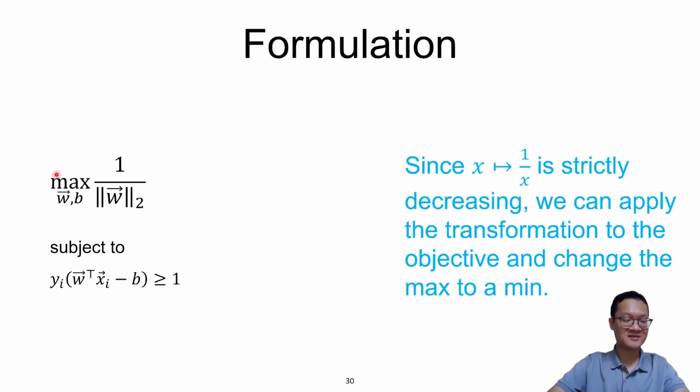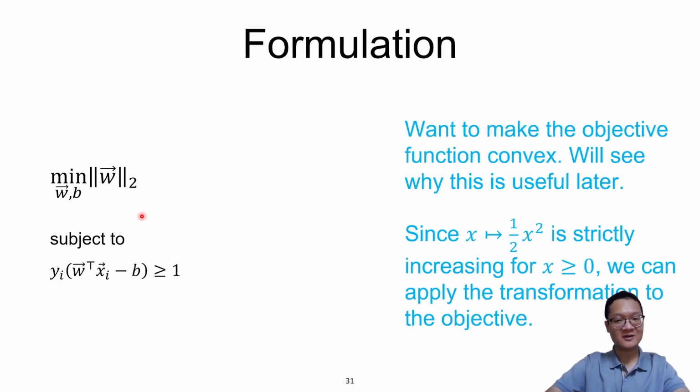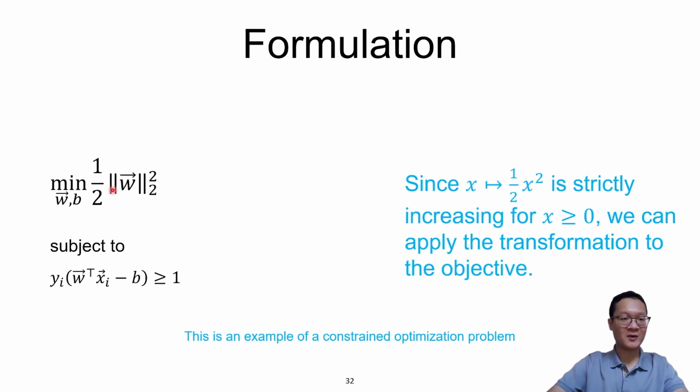Next, we change the max to a min while flipping this objective. And then finally, we made the objective 1 over 2 times the objective squared, which doesn't change the optimal point when we transform the objective this way.